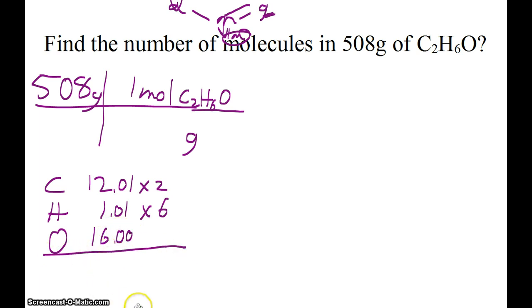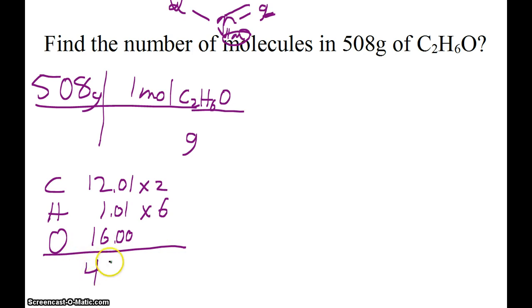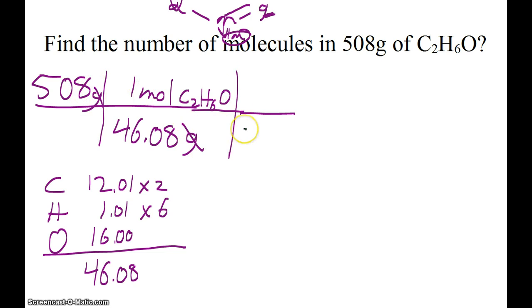If we add those all together, 12.01 times 2 plus 6.06 plus 16, that gives us 46.08. So in 1 mole of C2H6O, there are 46.08 grams.